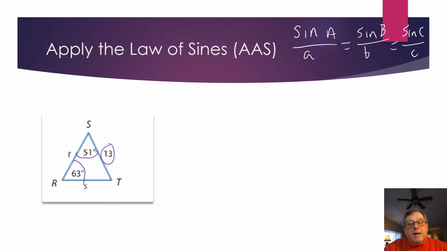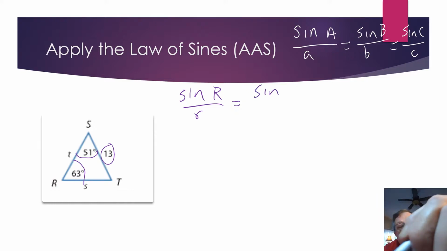If I was working this out myself, I would go ahead and find angle T, which is easy enough to find. But let's get to work here on the sine first. So using this format, the sine of angle R over side R is going to equal the sine of angle S over side S. Let's plug in some numbers here.